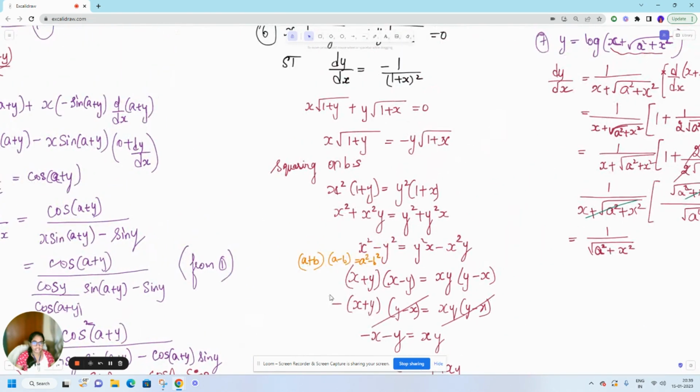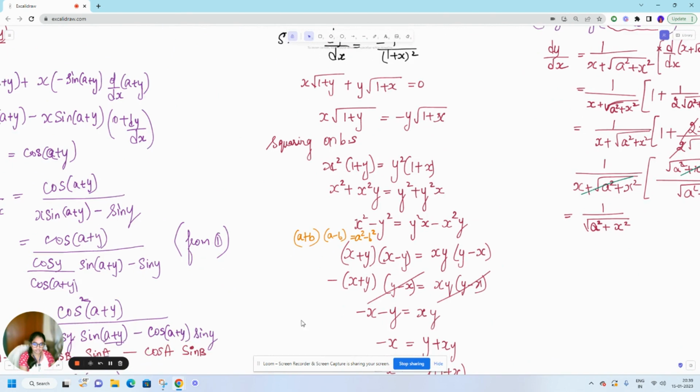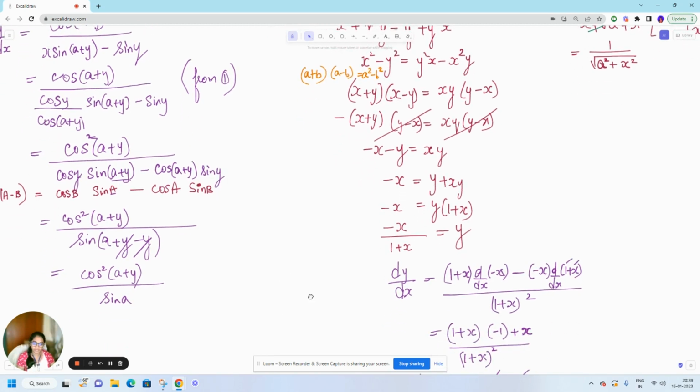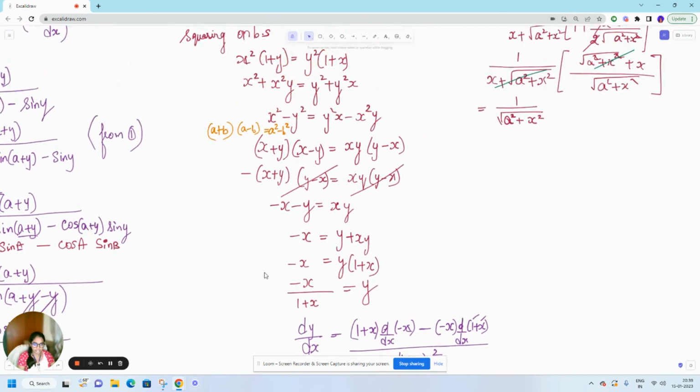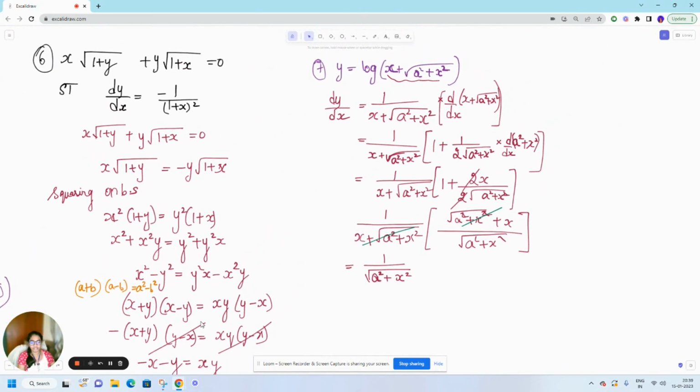In the sixth one, we again tried to simplify the question first, so that the differentiation would be easier, and then we arrived at the expected answer. And for the final one, we tried applying chain rule directly.